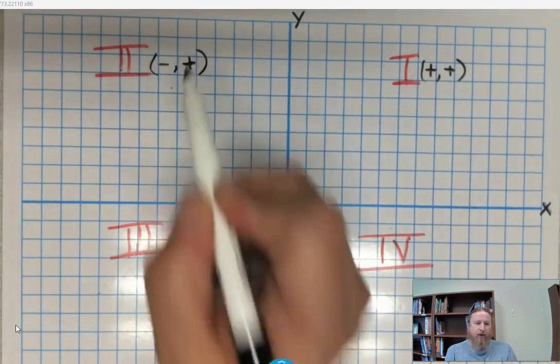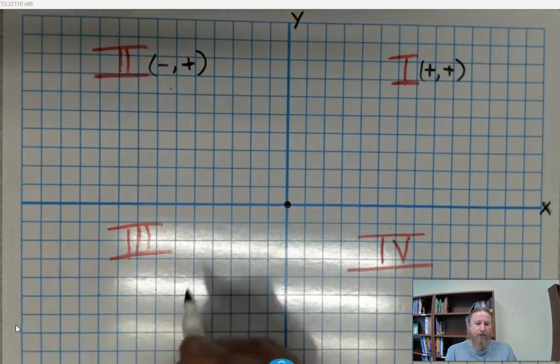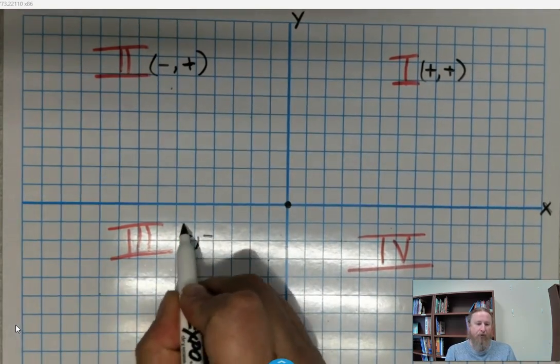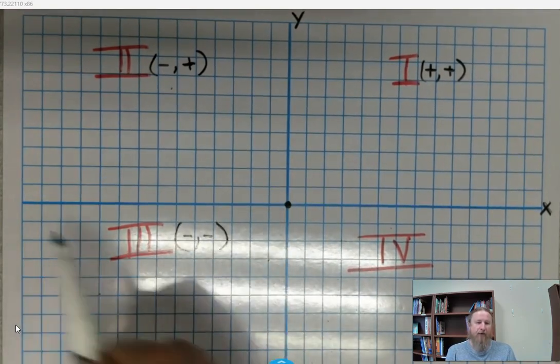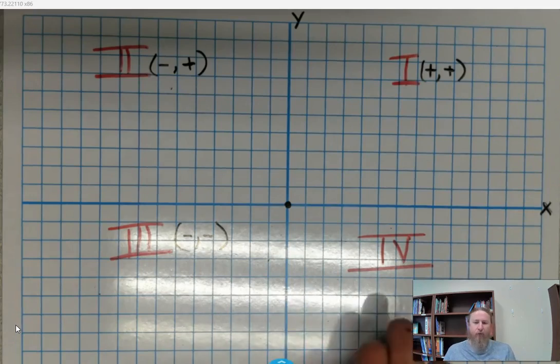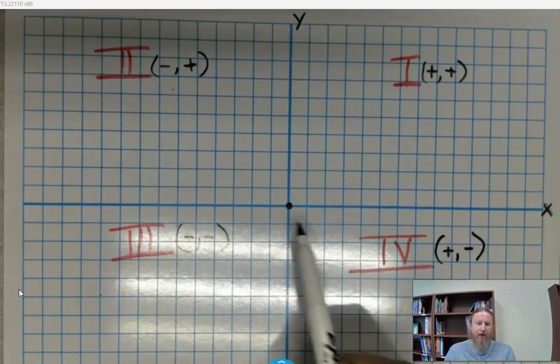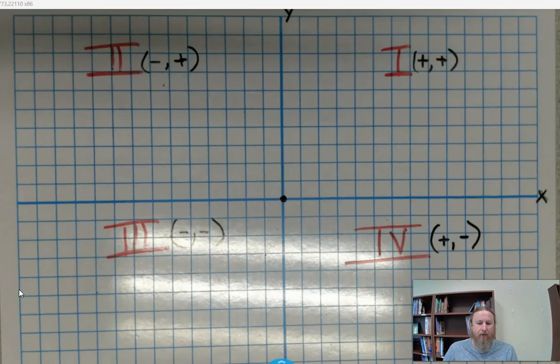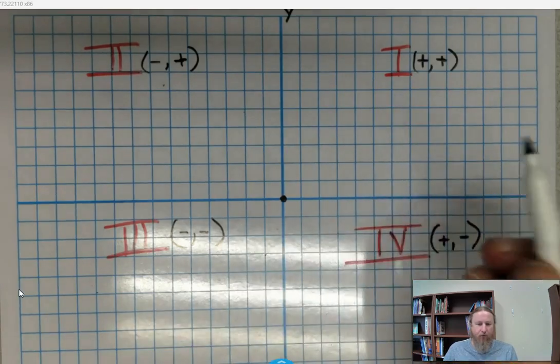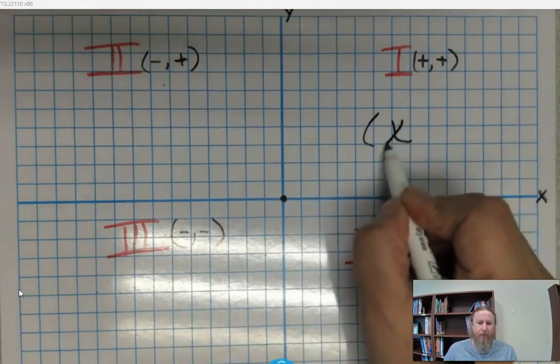Quadrant 3, both are negative, because you are negative on both the x and y axis. And in quadrant 4, the coordinates are positive then negative, because you are positive on the x-axis and negative on the y-axis.